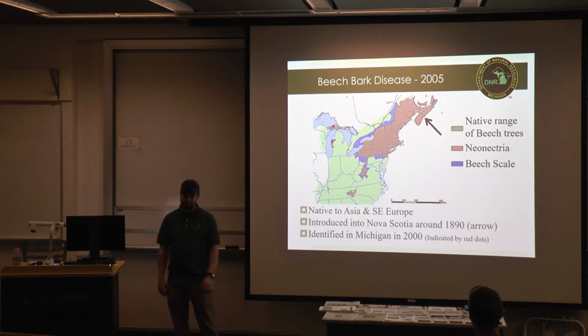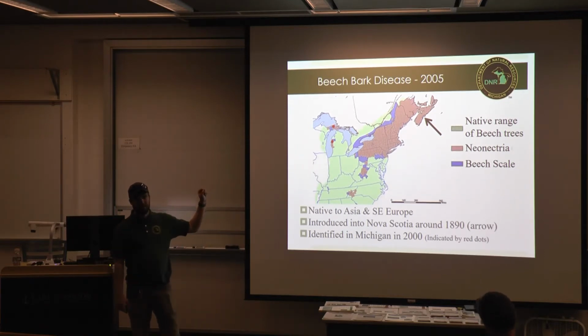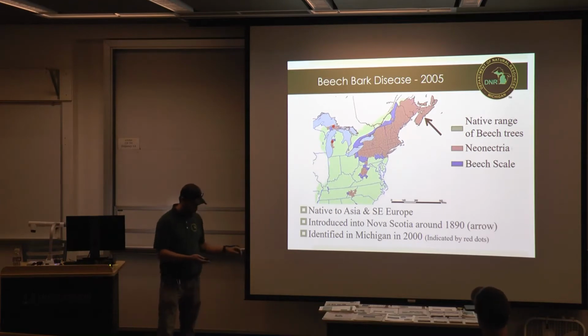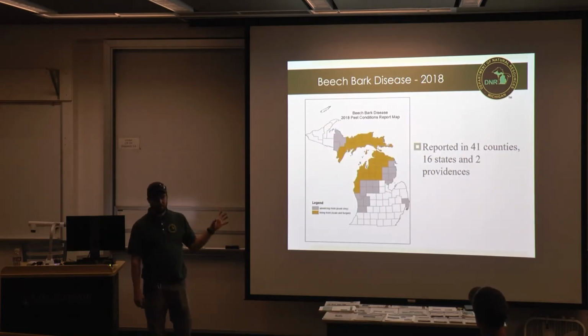It was found in Michigan in 2000 in two different locations. The red dots kind of show you where. One was up in Bass Lake Campground in Luce County, and then one was down in Ludington State Game Area, Ludington State Park. Sorry.